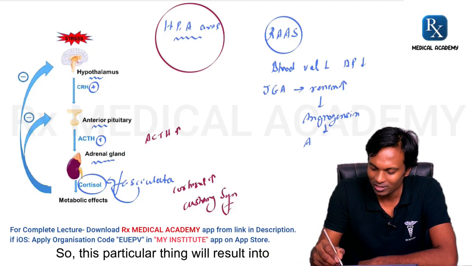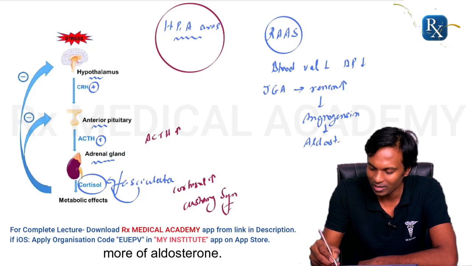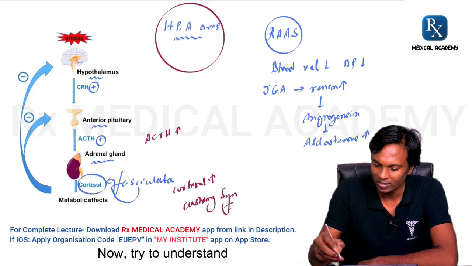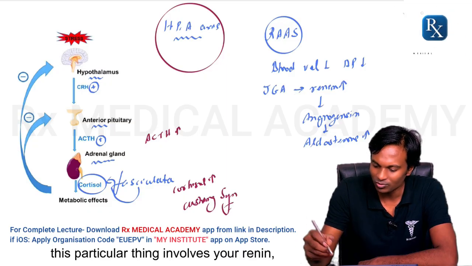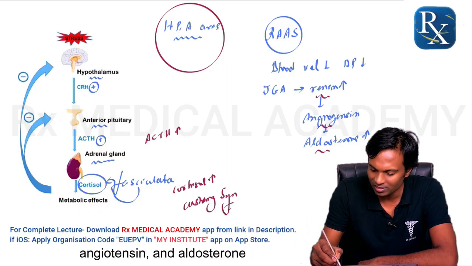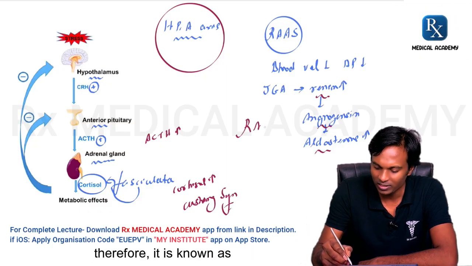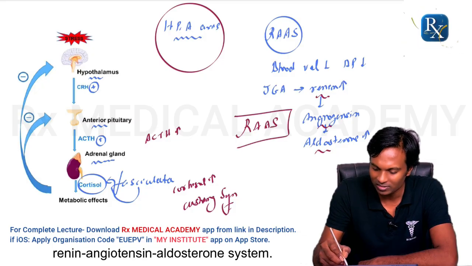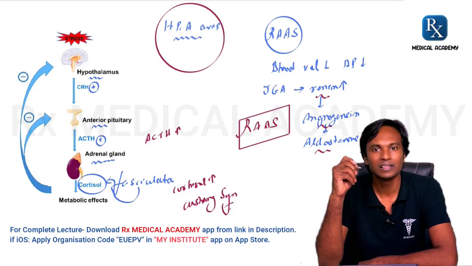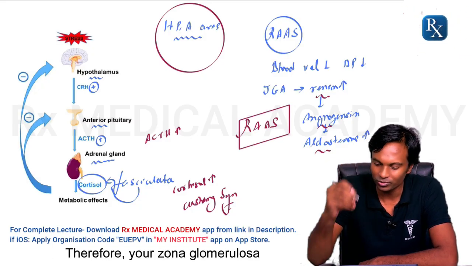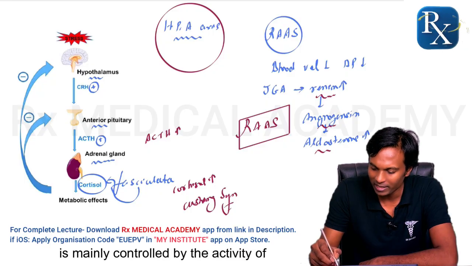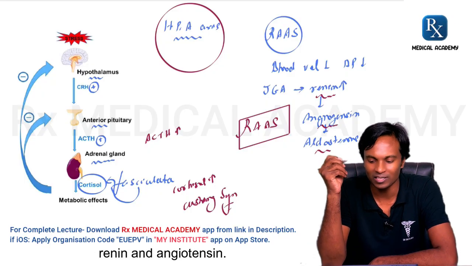This involves renin, angiotensin and aldosterone. Therefore, it is known as the renin angiotensin aldosterone system. Therefore, your zona glomerulosa is mainly controlled by the activity of renin and angiotensin.